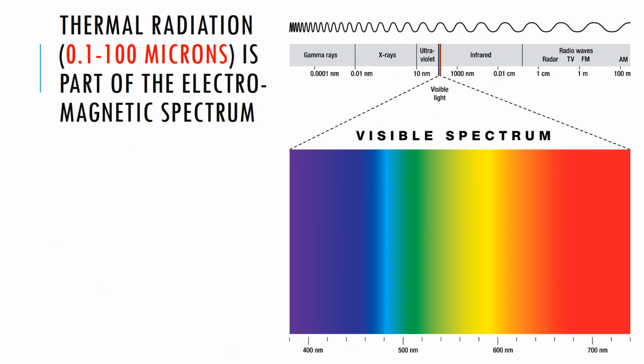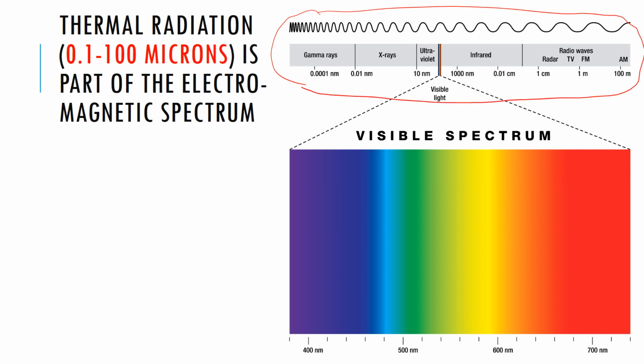You probably already know of the electromagnetic spectrum here. That refers to a range of wavelengths from very short to very long. This includes, for example, radio waves and X-rays.